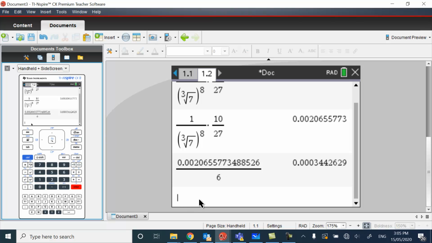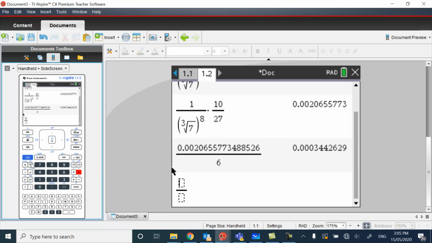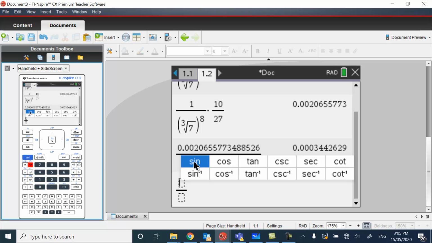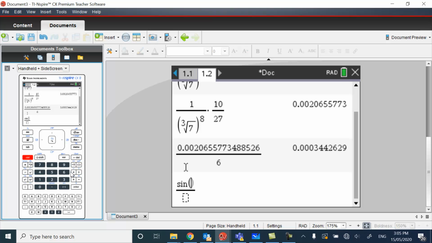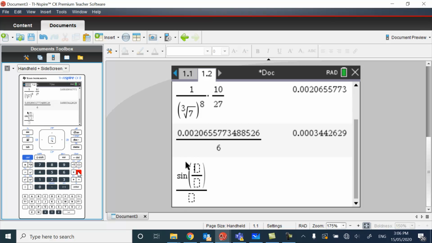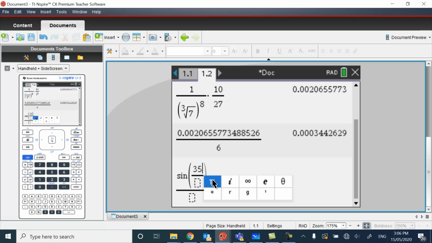Grab a new screen. I can just do it here. I need sine. So my first one is going to be sine, and in a bracket, that's 35 times pi, divided by 180.